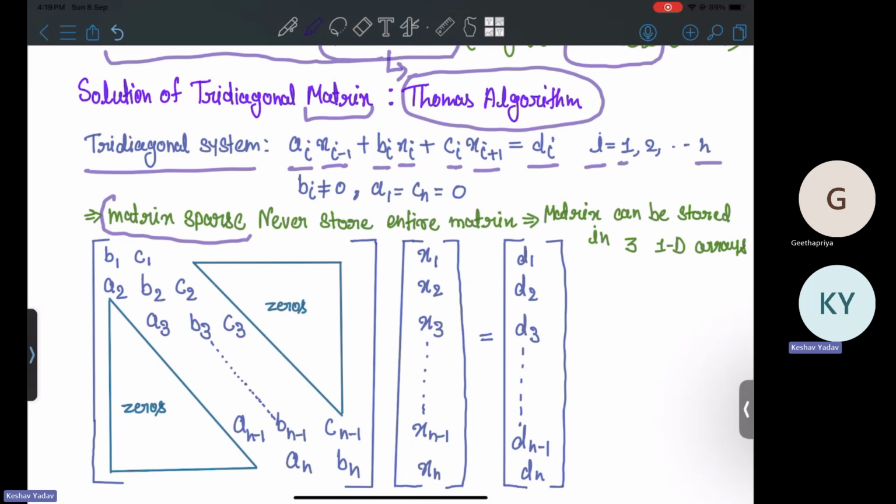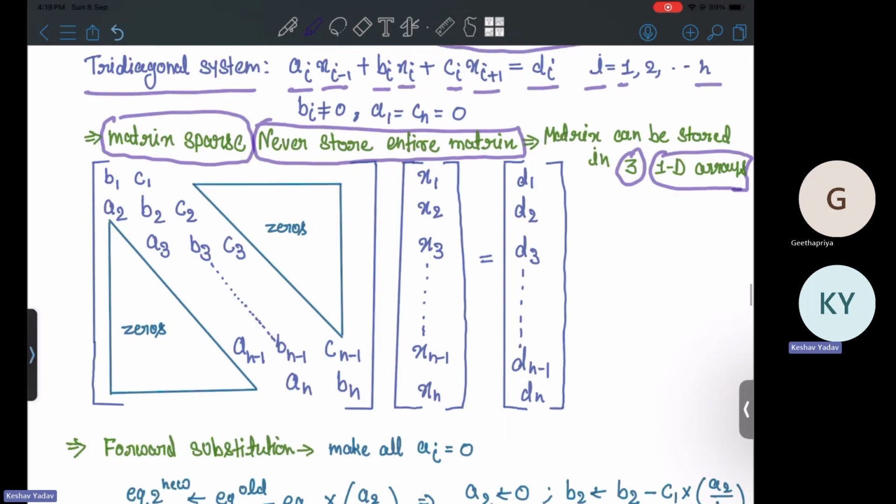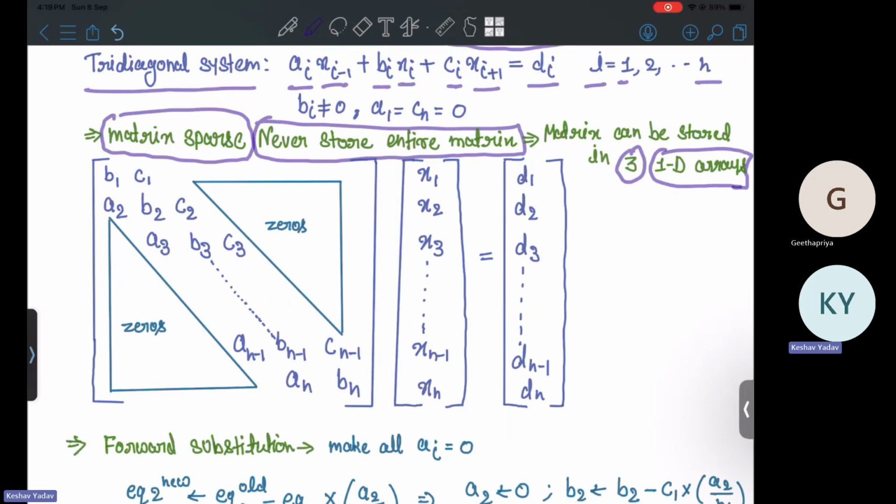This matrix is a sparse matrix, so we will never store the entire matrix. Rather, we will store it in three one-dimensional arrays. If I write this tridiagonal system in matrix form, the first row is b1, c1, and the other terms are 0.